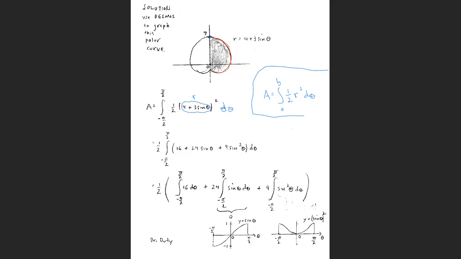But now, what about the limits? I have a limit of negative 90 degrees to 90 degrees. Let's see if that makes sense. Why is that? Let me show you.